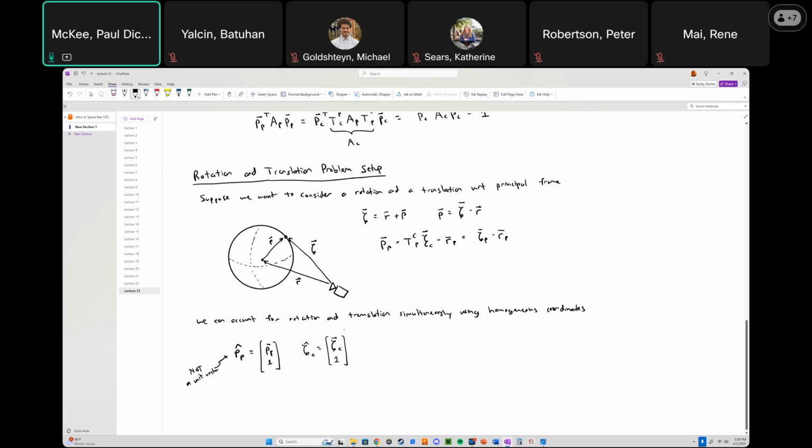So this is going to be a 4 by 1. Then our equation is that P hat is related to zeta C hat, and we could do the rotation and the translation all in one shot and just say it is T C to P, negative R P, 0 0 0 1.